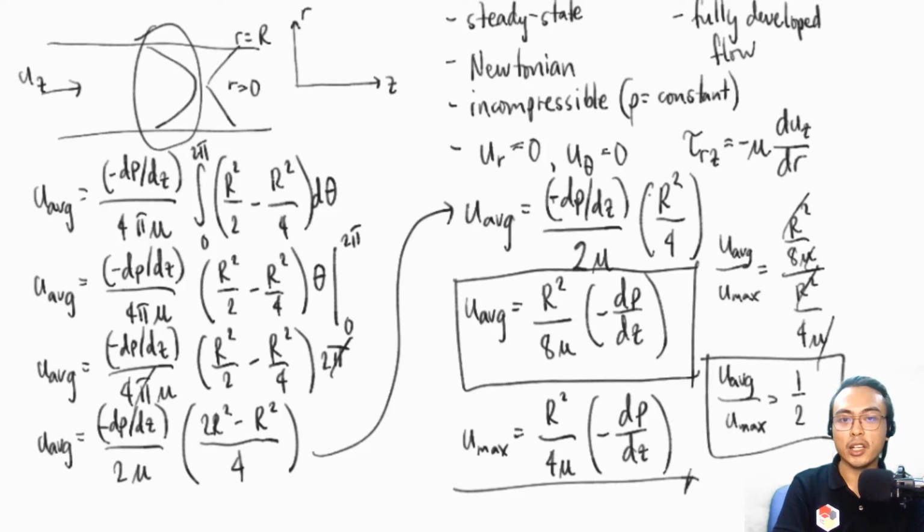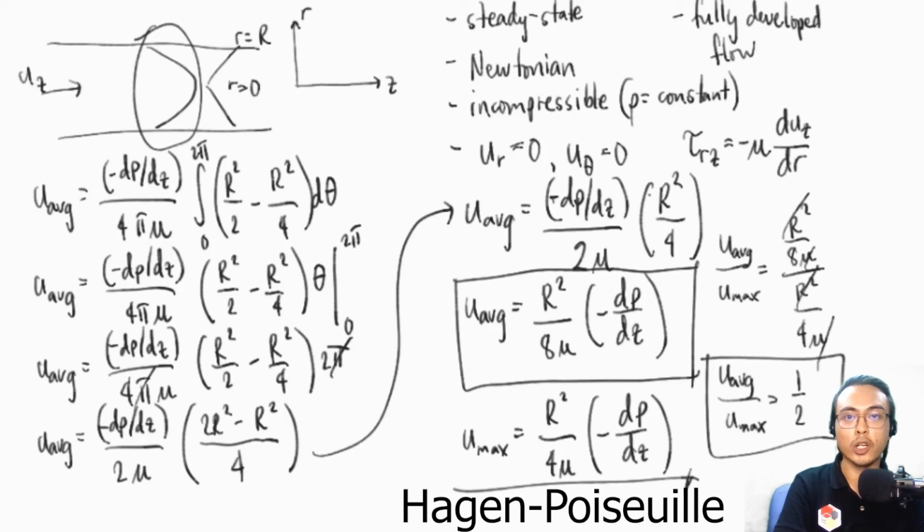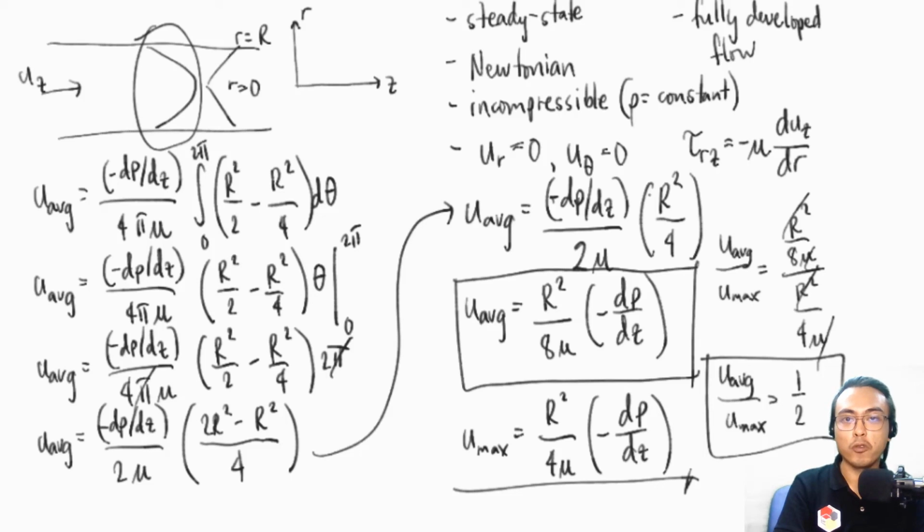In your fluid mechanics course, this derivation of the average velocity of the fluid flowing inside of a pipe would be the starting point for what we call the Hagen-Poiseuille equation. The Hagen-Poiseuille equation describes the pressure drop of a fluid flowing inside of a length of a pipe in laminar flow.